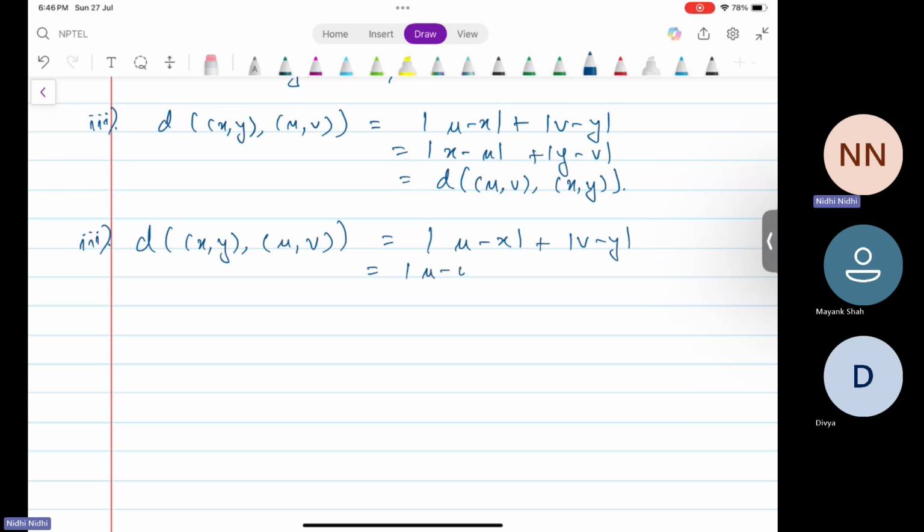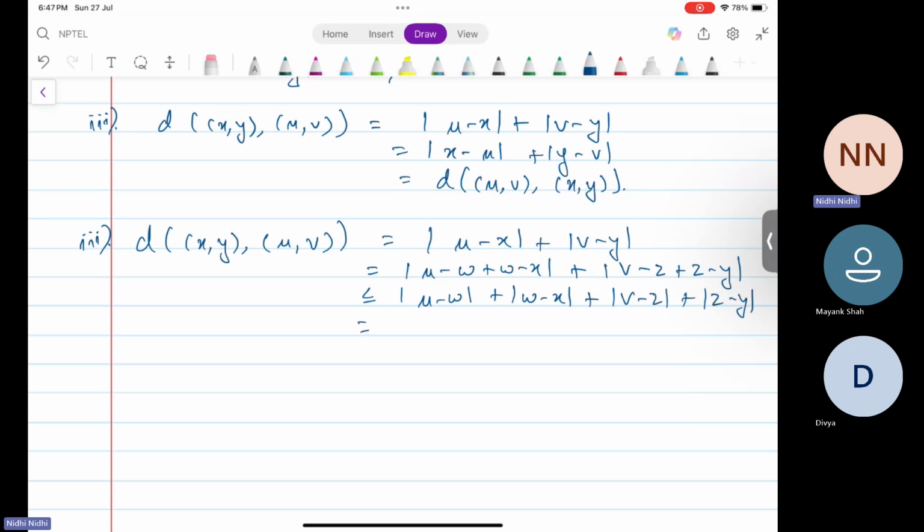So this is mod u minus w plus w minus x plus mod v minus z plus z minus y. So by the triangle inequality of the modulus, this is less than or equal to mod u minus w plus mod w minus x plus mod v minus z plus mod z minus y.